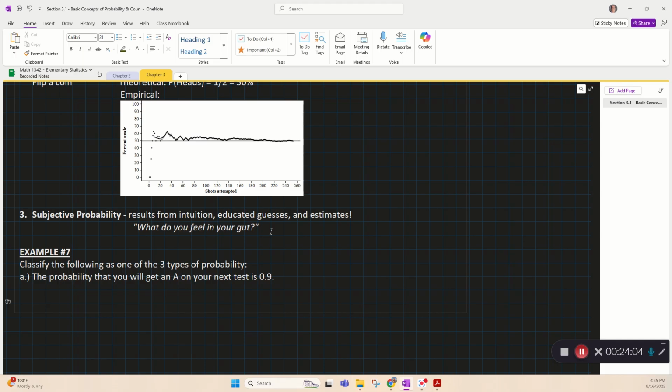It's just your gut. You know the material, you think you're going to do well, so you're like, I'm 90% sure I'm making an A on this. So this is subjective probability, because it's most likely based on an educated guess.